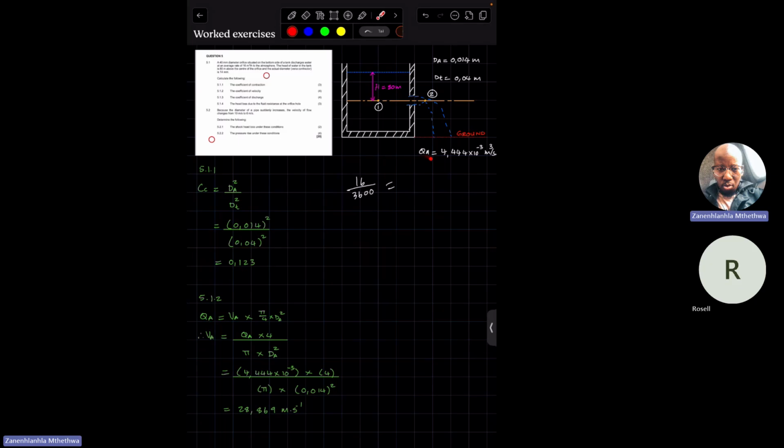Now, if you are given a flow rate, it means they've already worked out that the actual flow rate is the one that you've been given.